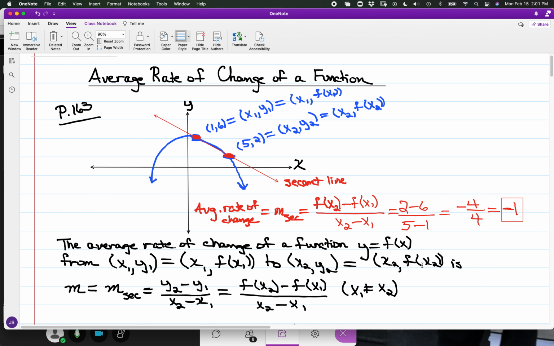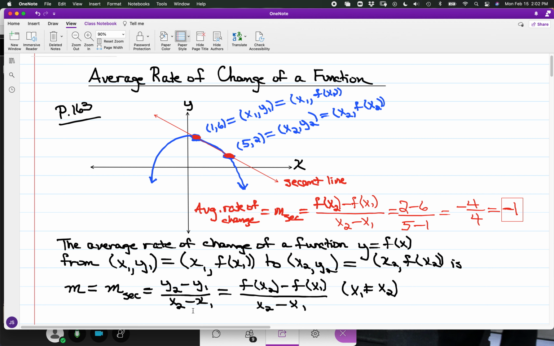And regarding the average rate of change of a function, a line that goes through two points on the graph of a function is referred to as the secant line. The average rate of change still preserves the concept of slope: the slope m sub sec, in reference to the secant line, is y2 minus y1 all over x2 minus x1.